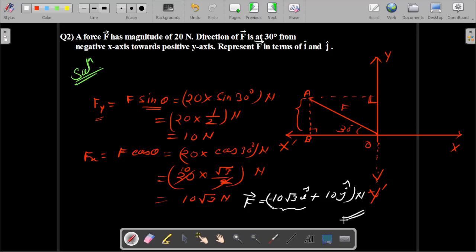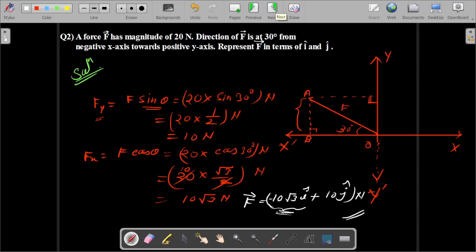In this way, you can split one given vector into two components. Understand? All of you?